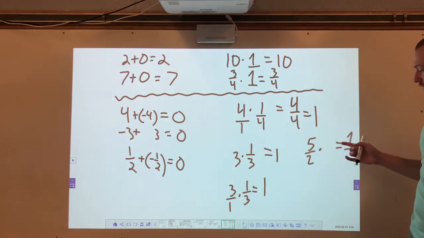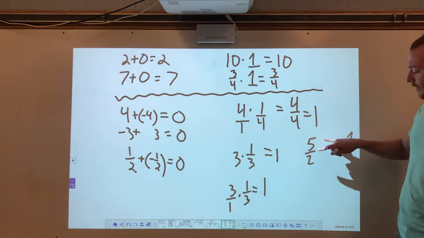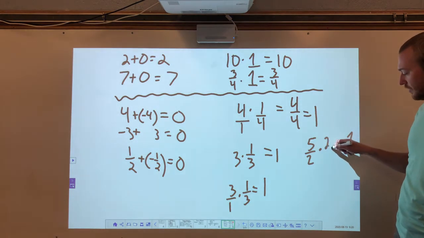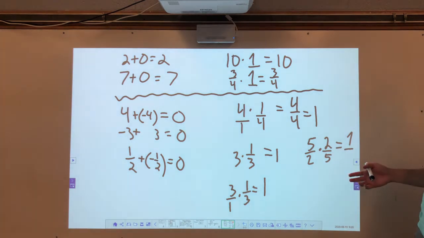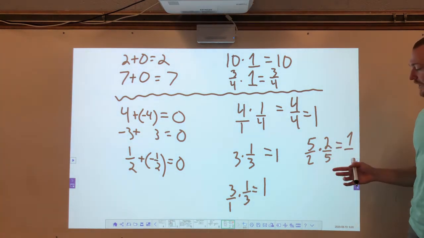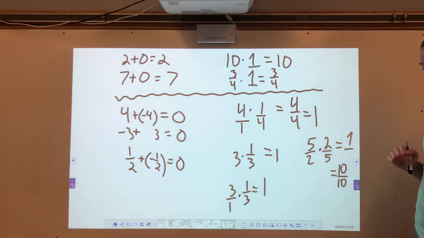Well, I'm going to multiply by its multiplicative inverse. I'm going to flip it. And if you multiply across, it'd be 10 over 10, right? Which is just 1.